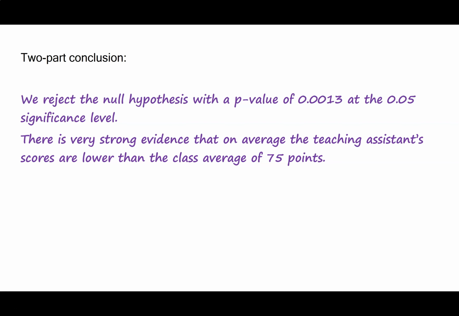I do need to mention what the class average is. I don't want to just say it's less than the class average; we need to know what value we're comparing. So these are my two parts. I say that we reject and why, and then I say there's blank evidence that our alternative is true, but in context. The context is the really important part. I would say it's probably worth a good chunk of the points there.